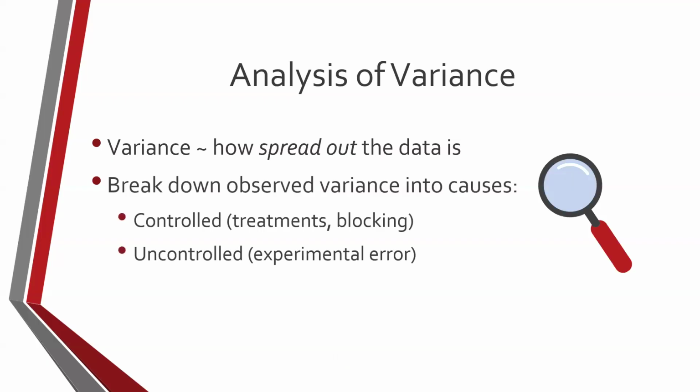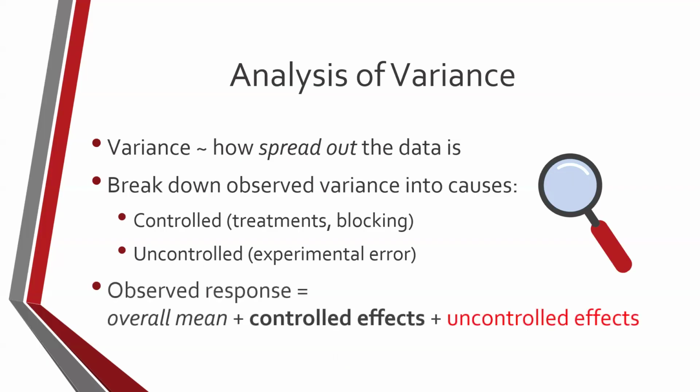So there's controlled variability that the researcher had a hand in, from the treatment structure, the blocking structure, design, all of that. Then everything that we can't control is called the experimental error. So the overall approach is that we want to consider that the observed response really has three components.